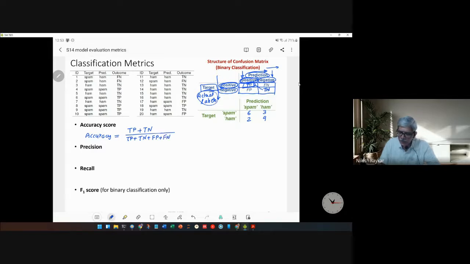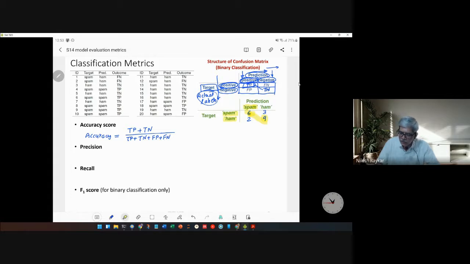So on the numerator, you have the diagonal terms, which are true. That means spam mails are predicted as spams. Out of your 20 samples, 6 are spam which are identified by you as spam, and there are 9 emails which are predicted as ham, which are correctly predicted as ham.